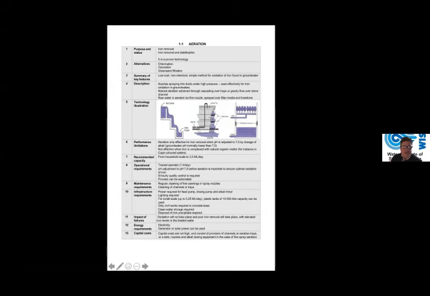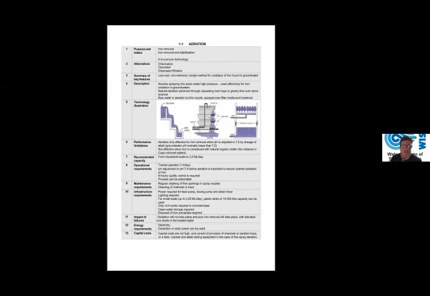The purpose and status of aeration, typically for iron removal and stabilization, it's a proven technology. Other ones that you can use as alternatives are chlorination, ozonation, green sand filtration. Some of the key features: it's low cost. Aeration is a low cost option. It's non-chemical. It's a simple method for oxidation of iron found in groundwater.